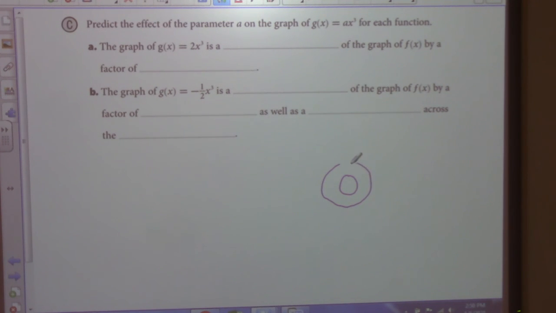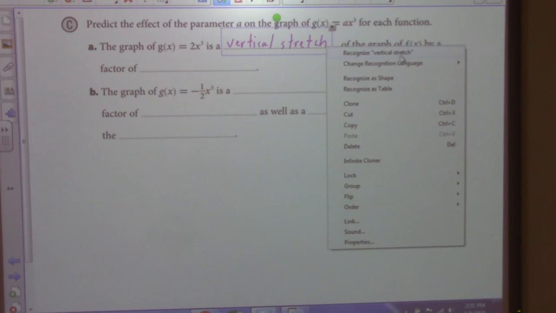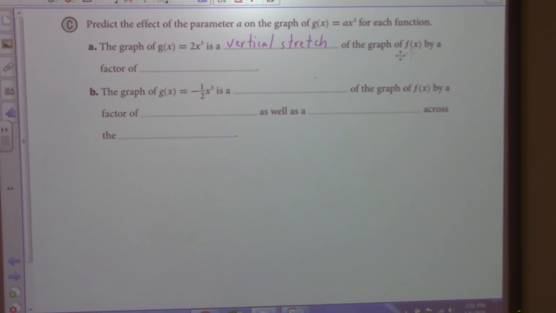So the word isn't exactly dilate, but it's a related word to that. And we've used it. Well, I will tell you what it is: a vertical stretch. Anybody remember that? And by a factor of 2.